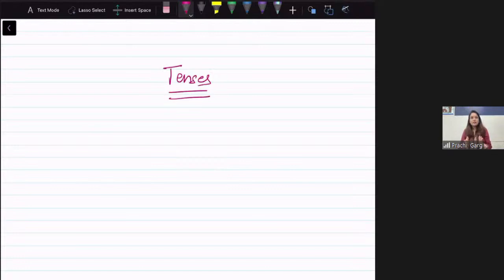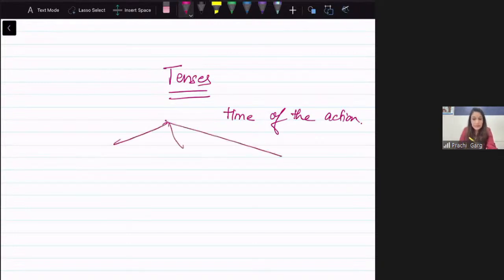Whenever you're studying any language, tenses is a very important part of the grammar. You should know in which time frame you're talking about your action. Tenses basically tell you about the time of the action, whether the action is complete, whether the action is still in progress, or whether the action will take place. So these are the three things that tenses tell you.